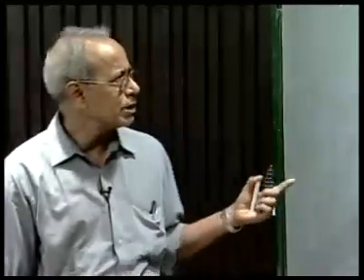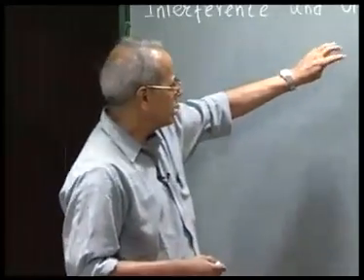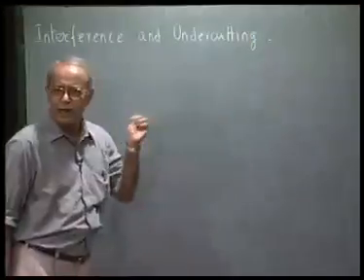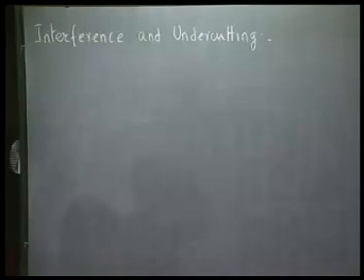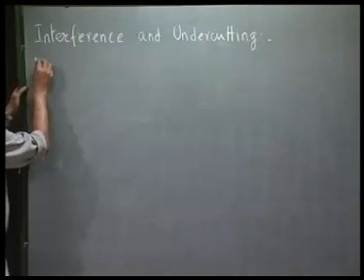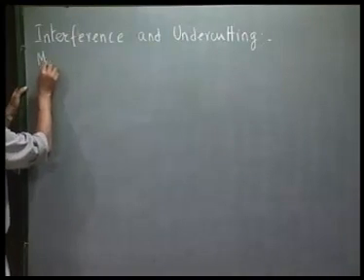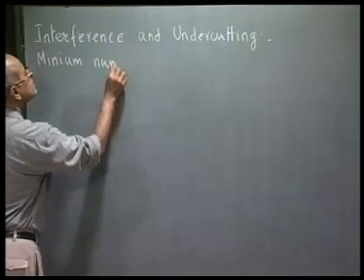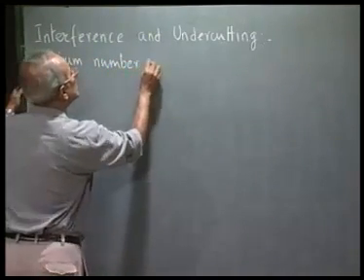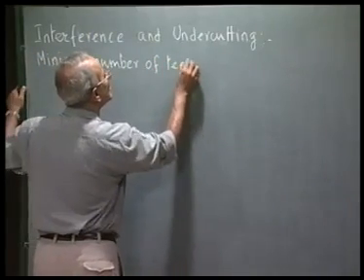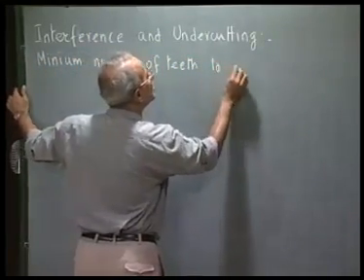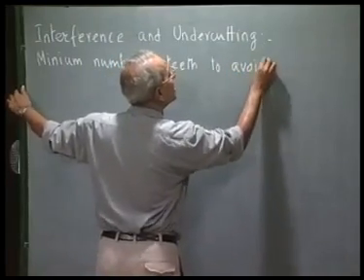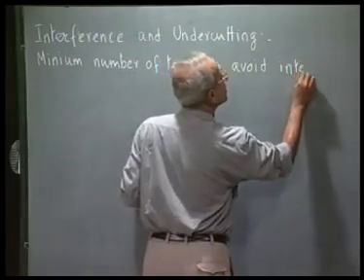As we have just now shown the possibility of interference between a pair of gear teeth because involute does not exist inside the base circle, one not so satisfactory solution was to undercut the tooth. But a better solution is to have a minimum number of teeth on a gear to avoid interference.